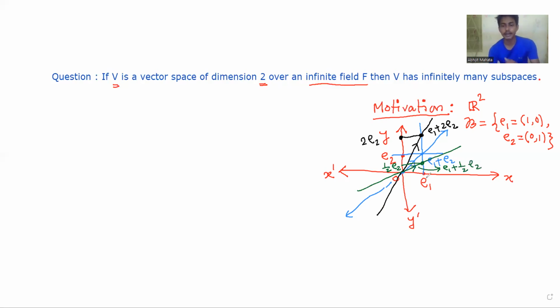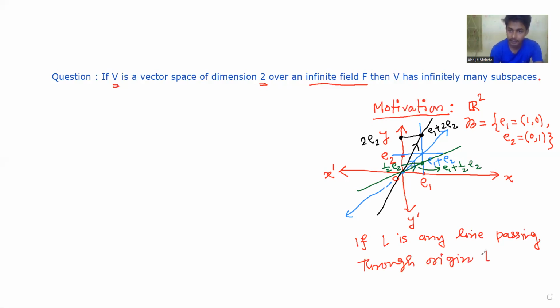So it is clear that if L is any line passing through the origin, then there exists alpha, a real number, such that this line is spanned by the vector E1 plus alpha of E2.